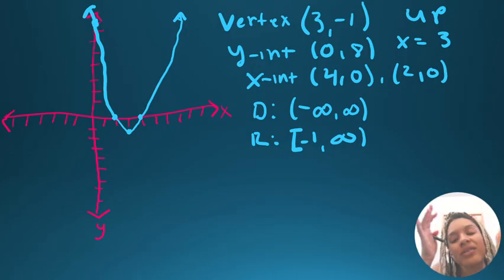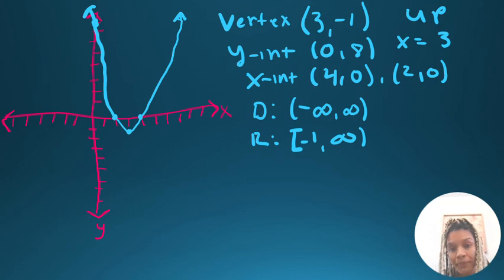And then it wants to know the increasing and decreasing. With increasing and decreasing, you are always going to read from left to right. What you're asking yourself is, what is happening to the y as I am going from the left to the right? The y values are decreasing from negative infinity all the way to 3.